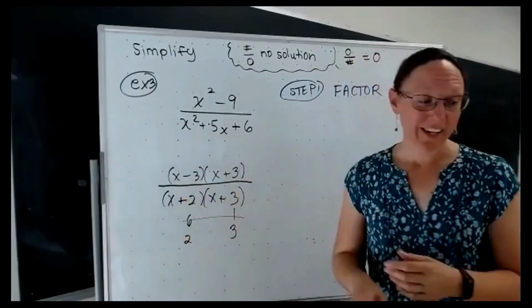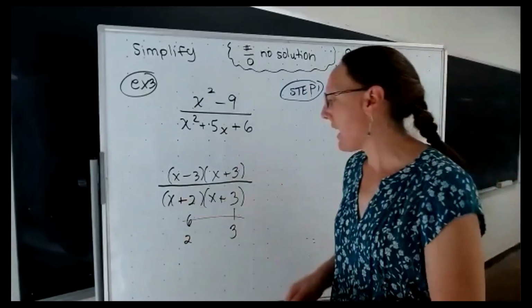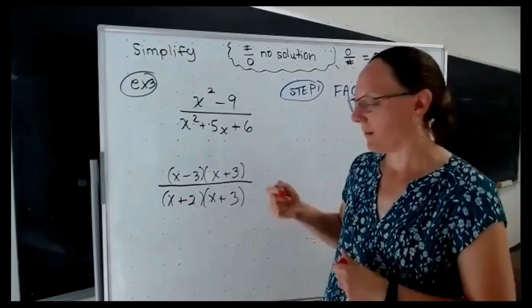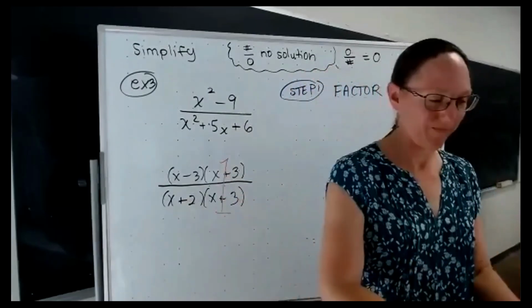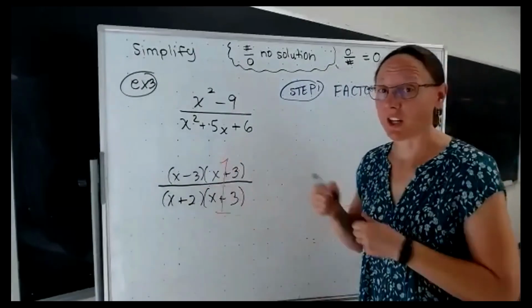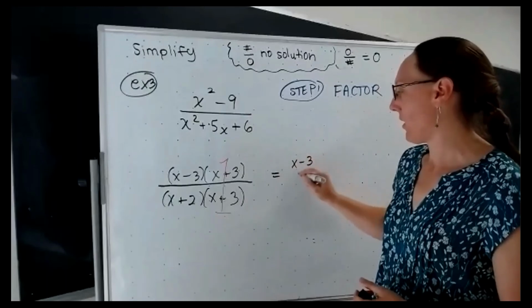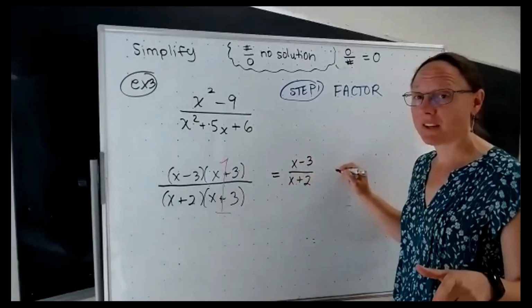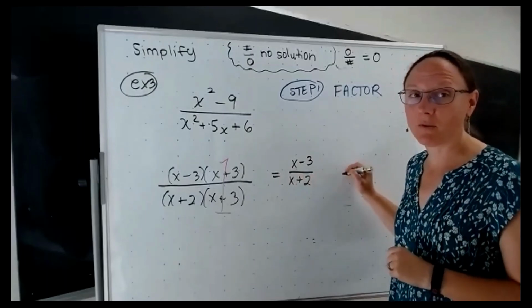When we're at this point, it is super tempting to say, hey, x plus 3 over x plus 3 is equal to 1, and they cancel out. So this expression is equivalent to x minus 3 over x plus 2, except at the 2 restrictions in my variable.